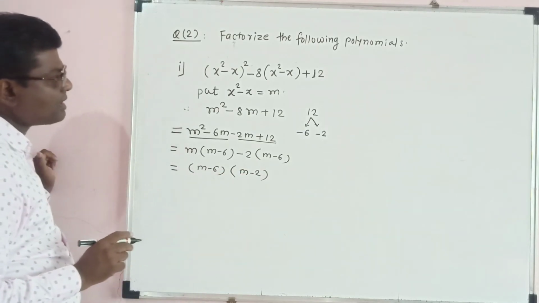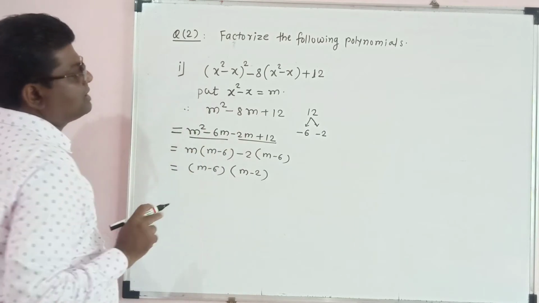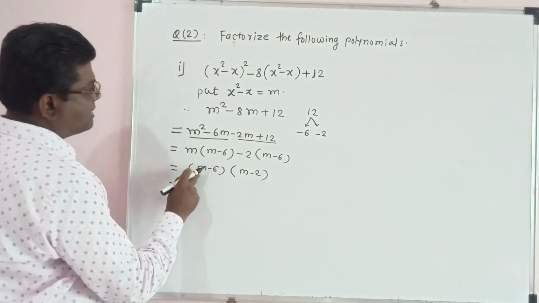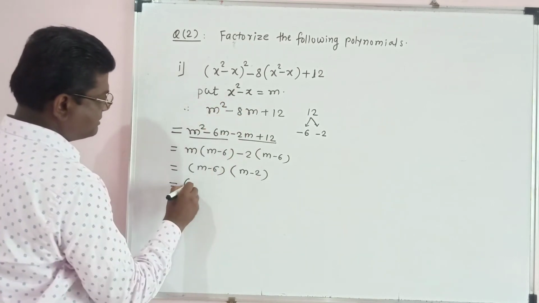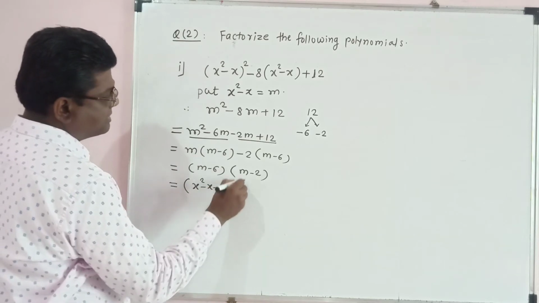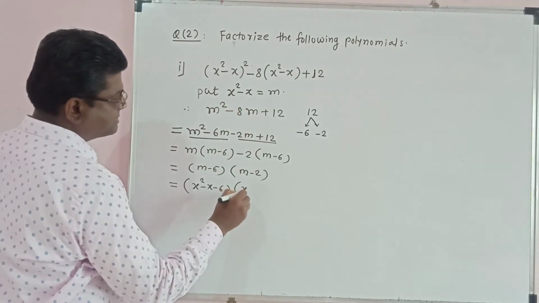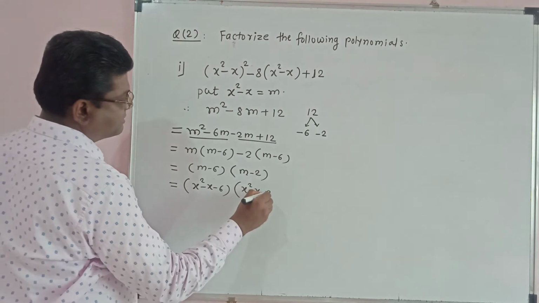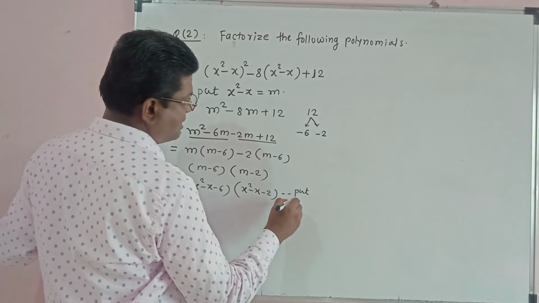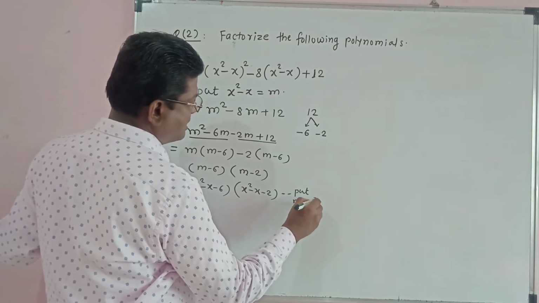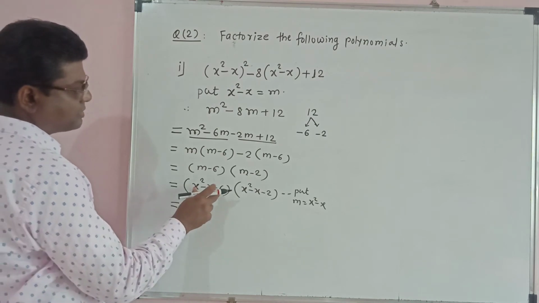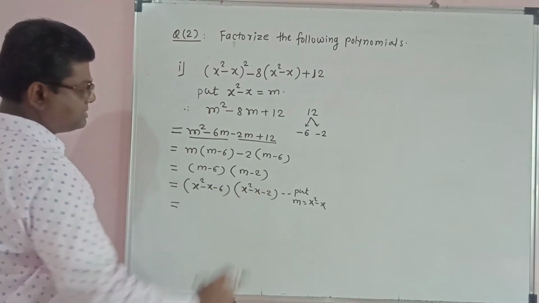Now put m is equal to x square minus x. So if we put m is equal to x square minus x, we get x square minus x minus 6 and x square minus x minus 2. Now find the factors of this bracket and this bracket.